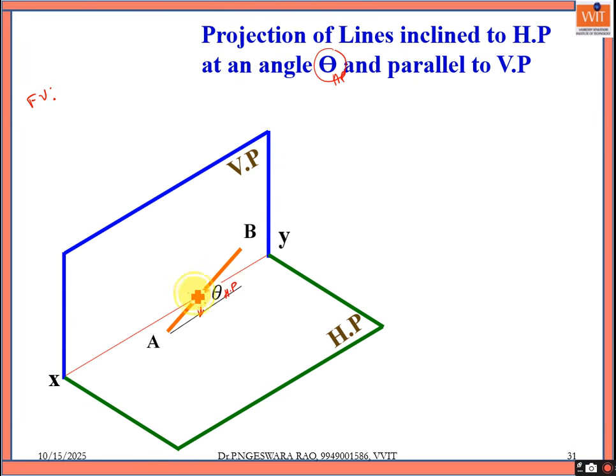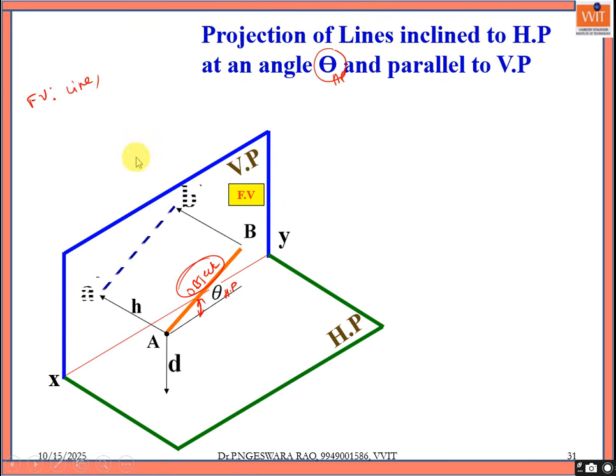This is the object: a line inclined to HP but parallel to VP. So the image in the front view is a line, because you get the A dash point here and the B dash point here. When you join A dash and B dash, we get the line. So the front view is a line.